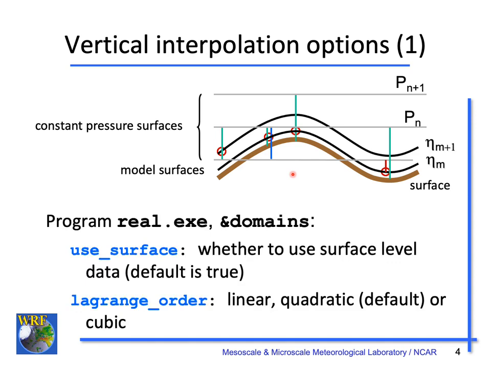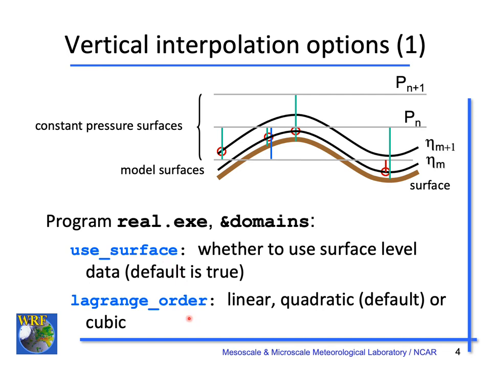Surface level data coming from an external model may have more uncertainty than the atmospheric analysis or forecast. If we trust the data, we should use it in the vertical interpolation, and this can be controlled by namelist variable use_surface. If the incoming data doesn't have surface level data, then the variable should be set to false.